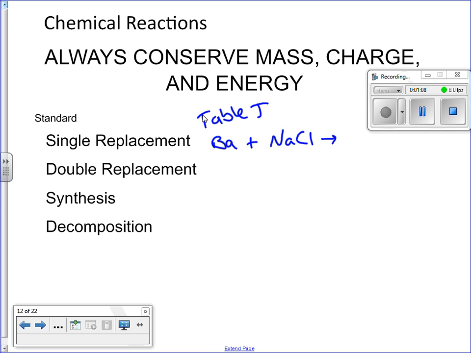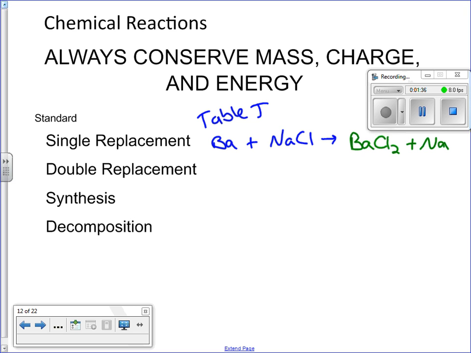Barium has to be cooler than sodium, more popular, more active than sodium. In this case it is, it's higher on the chart. Therefore barium is going to take sodium's place. Make sure you flip-flop and get the right formula, leaving sodium out in the cold. That is a single replacement reaction. You're looking for something alone, taking the date and switching, and something else being left alone.